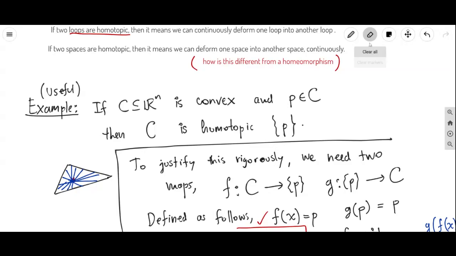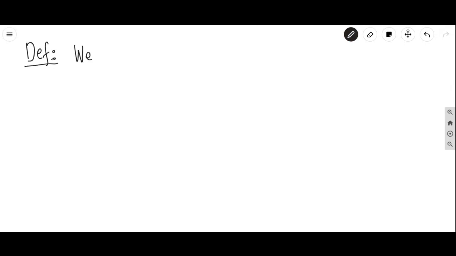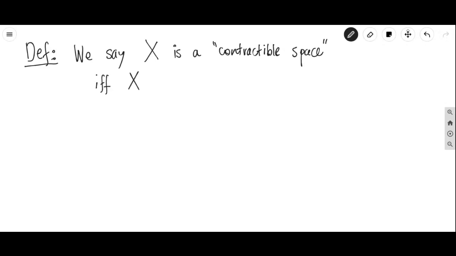Let's actually make a definition, because sometimes this comes up. Definition. We say X is a contractible space if and only if X is homotopic to a single point.